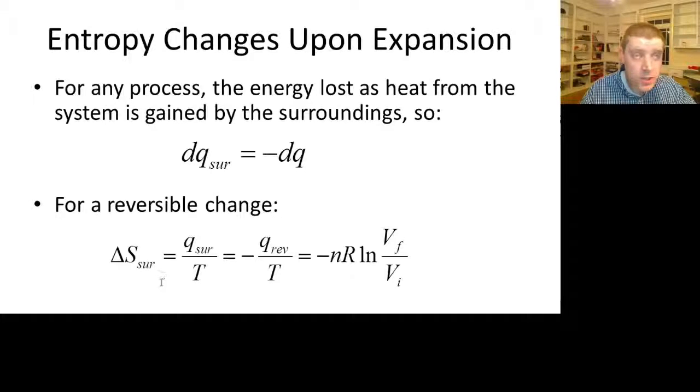And so for a reversible change, the change in entropy of the surroundings is equal to the heat absorbed by the surroundings, which is equal to the opposite of the heat absorbed by the system reversibly divided by the temperature, which is equal to minus nR times the natural log of the ratio of the volumes.